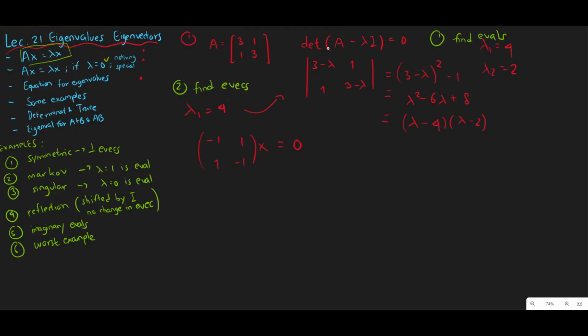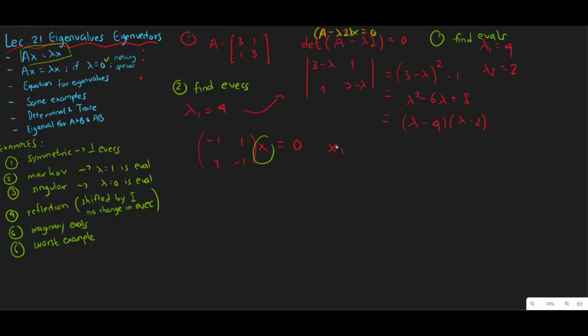Because remember, we're interested in the complete formula, we begin with this term right here: A minus lambda I, times x, is 0. So we plug the lambda back here, and then we want to compute the x.